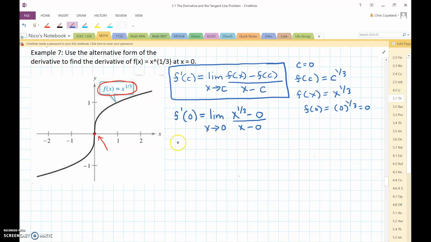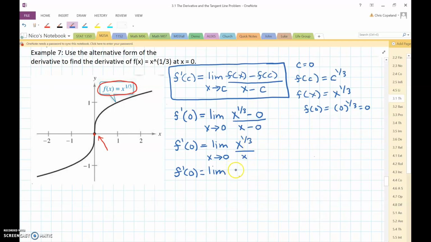So then we can simplify this. F prime of 0 equals the limit of x to the 1/3 power over x as x approaches 0. I actually need to simplify this more. Then I have f prime of 0 equals the limit. Here, when dividing like bases, subtract the exponents.